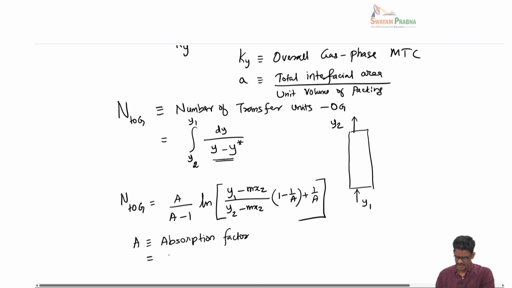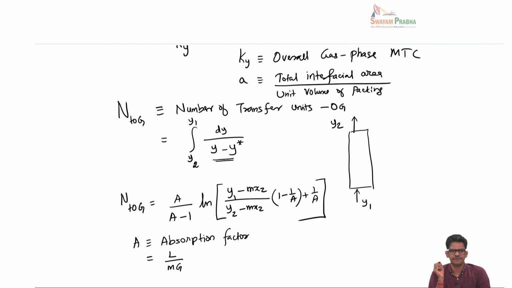And this is defined as L by mG, where L is the molar flux of the liquid, G is the molar flux of the gas, and m is the slope of the equilibrium line. Essentially, the absorption factor signifies the ratio of the operating line to the equilibrium line.